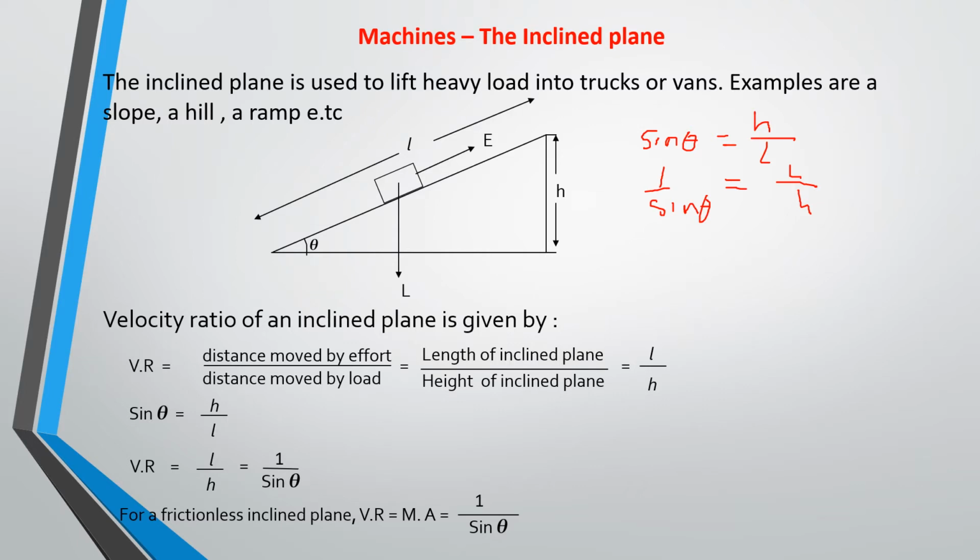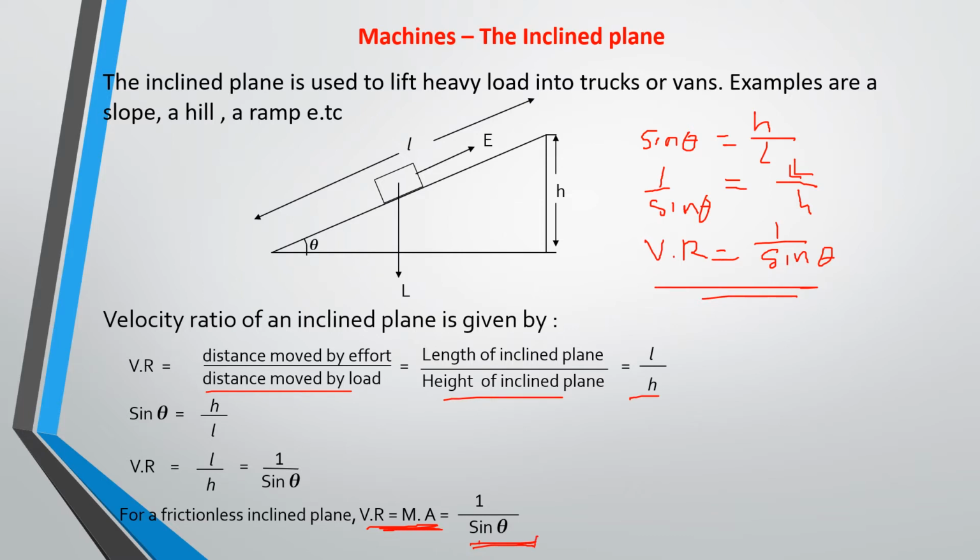Which means that velocity ratio for an inclined plane is equal to 1 over sine theta, right? Based on this equation, velocity ratio is equal to 1 over sine theta, which is L over h. So for a frictionless inclined plane, velocity ratio is equal to mechanical advantage, which is equal to 1 over sine theta.